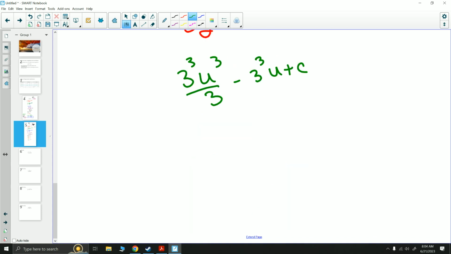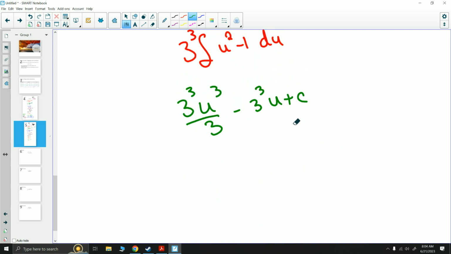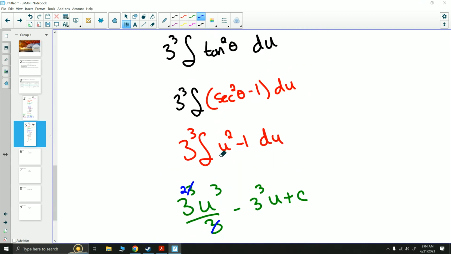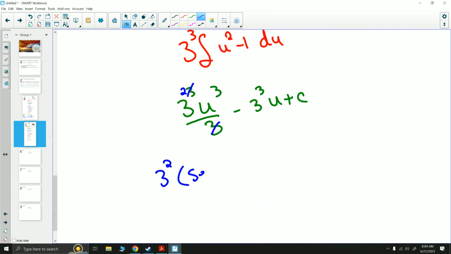All right, now we're going to start replacing everything back the way it should be. I'll start by replacing this as a 3 squared. U to the third, where u as a reminder was secant, so we have secant cubed theta minus 3 cubed secant theta plus c.